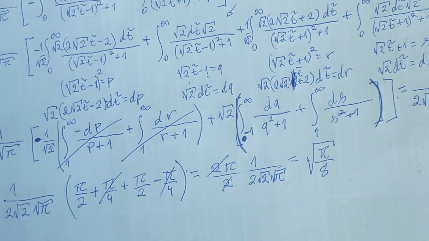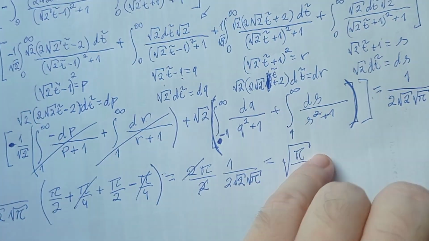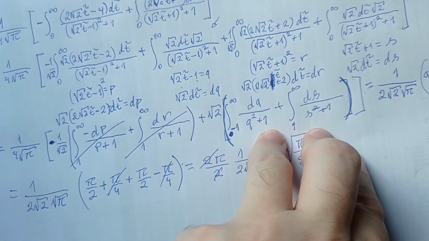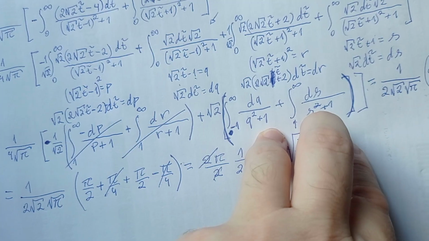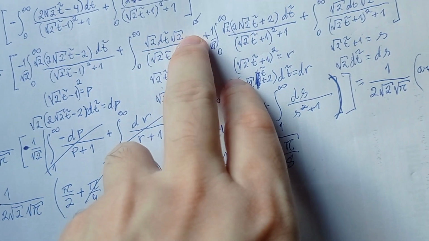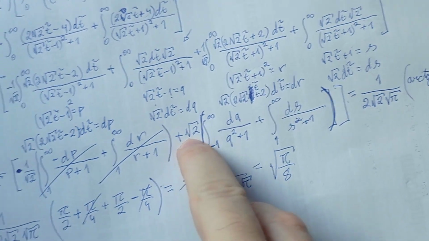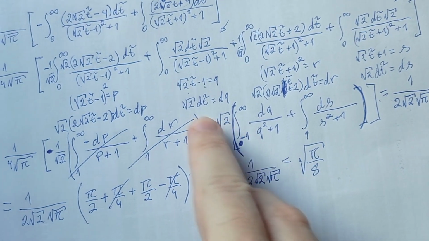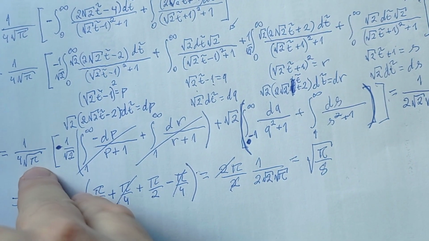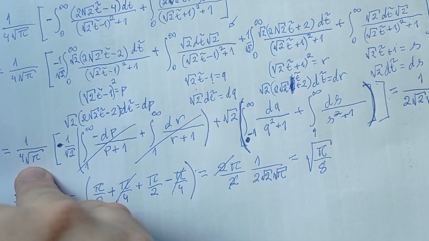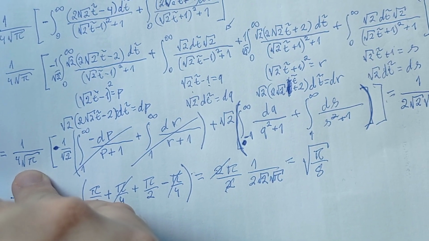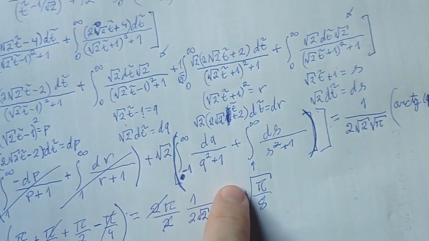So luckily it's one integral minus the other. And we have a square root, this square root here, that is left over in both terms. So we put that aside. We still carry the 1 divided by the 4 times the square root of pi outside.